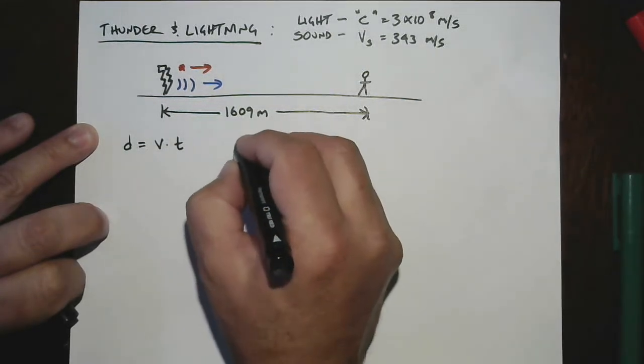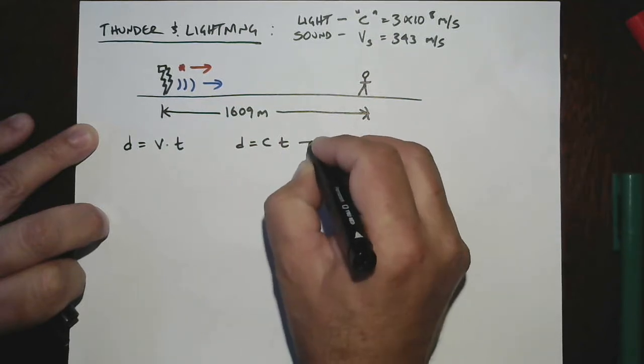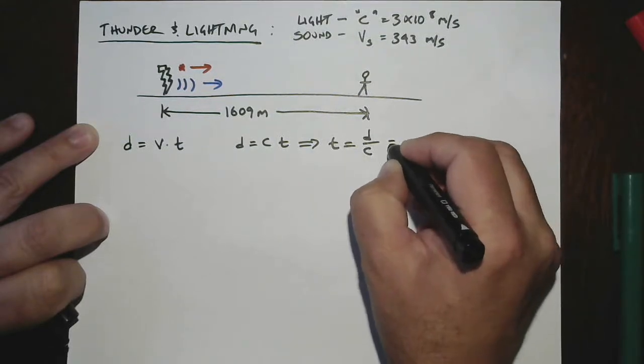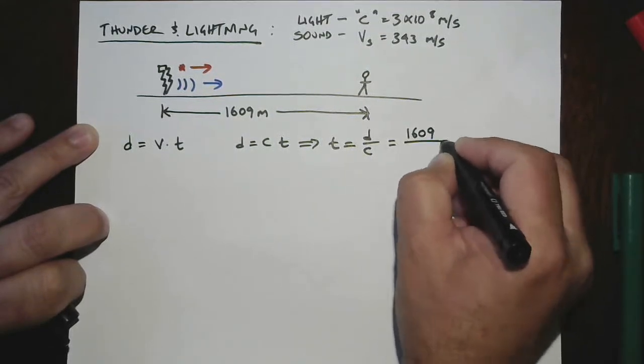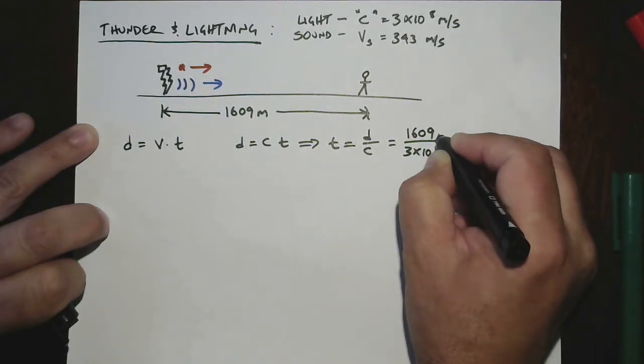Now, in the case of the light, that means that the distance is going to equal the speed of light times time, or that the time is going to be the distance traveled divided by the speed of light. So 1,609 meters divided by 3 times 10 to the 8 meters per second.